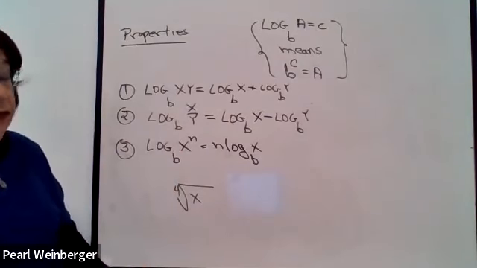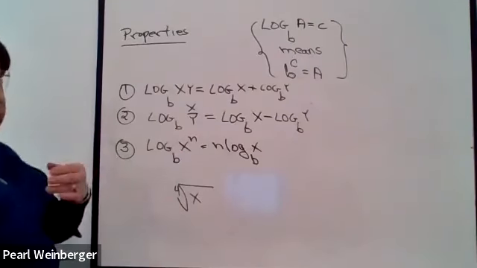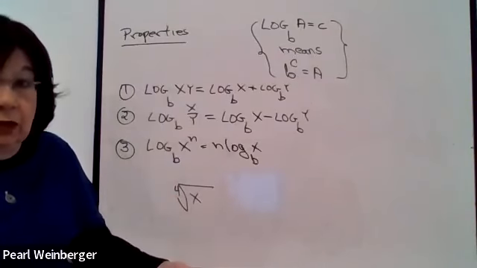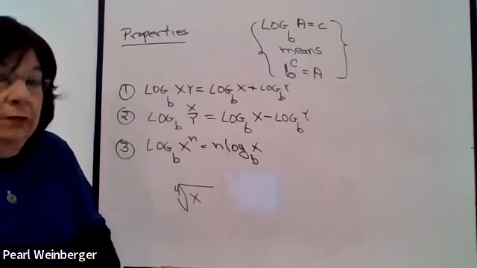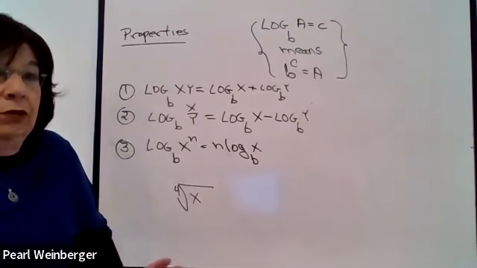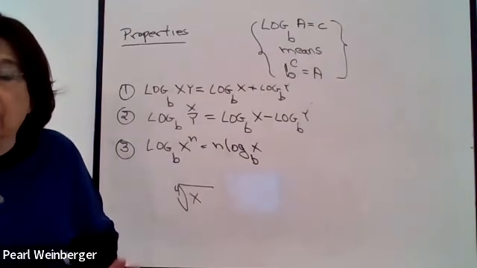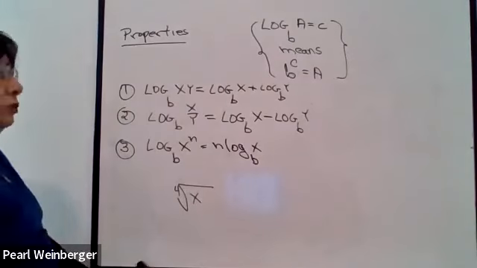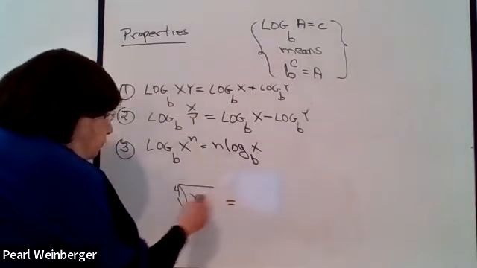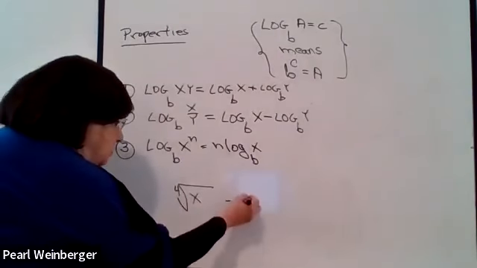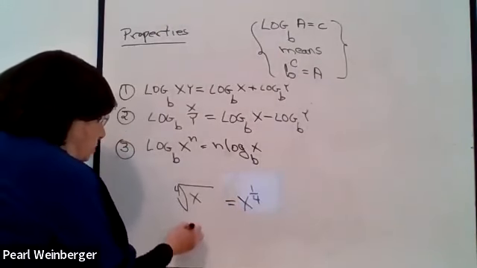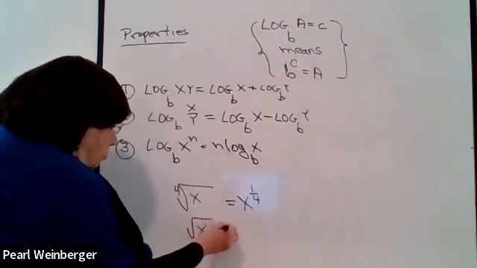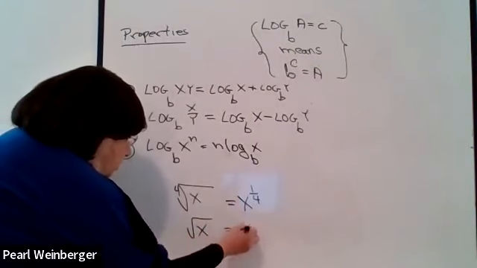Remember, when we started this chapter, we said we're not going to use radicals in this chapter. We're only going to express our radicals as fractional exponents. The fourth root of x is the same as x to the 1/4. The square root of x, most important one, is x to the 1/2.